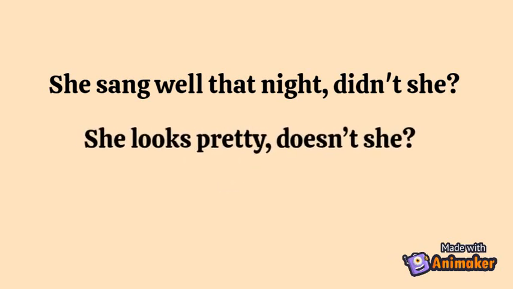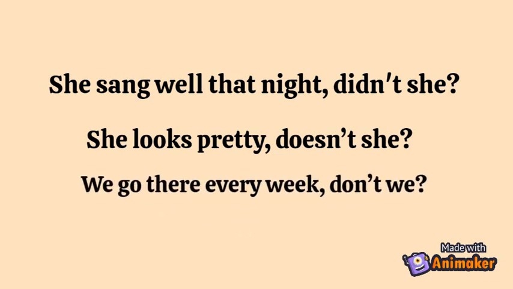So, she sang well that night, didn't she? As the sentence is in past, we use did. She looks pretty, doesn't she? We go there every week, don't we? So we have to keep in mind that we have to put do and does according to the person and tense.